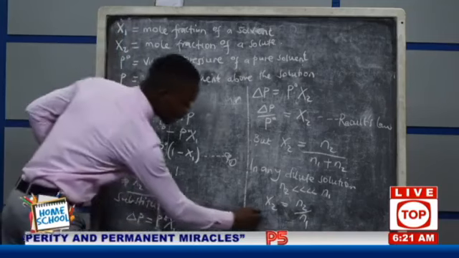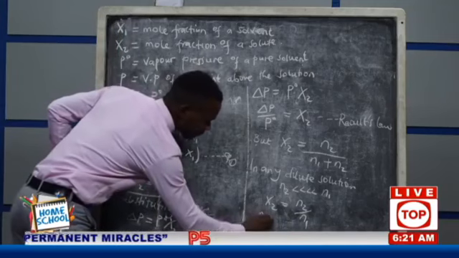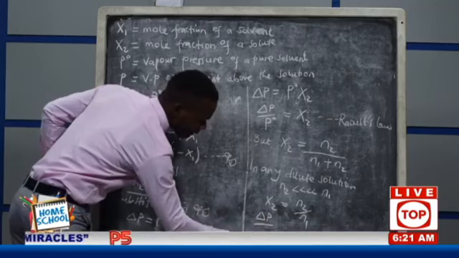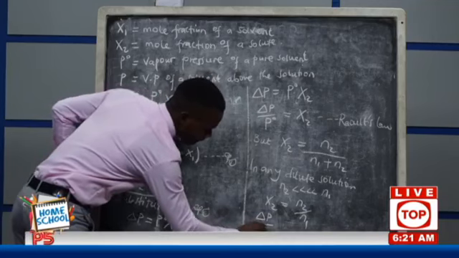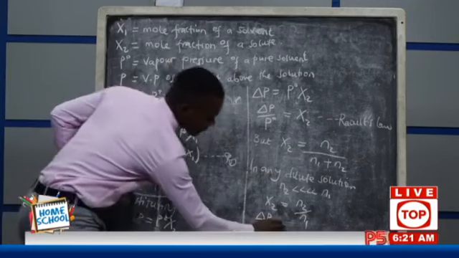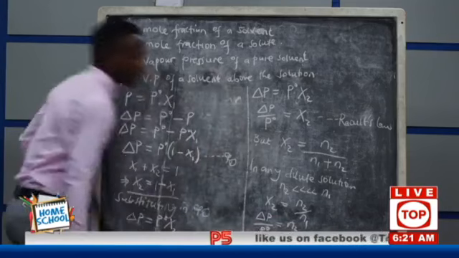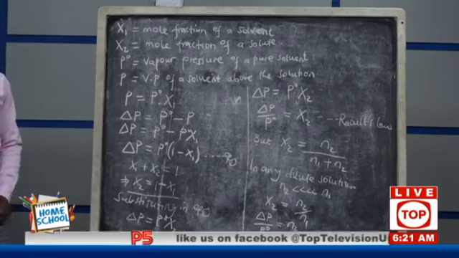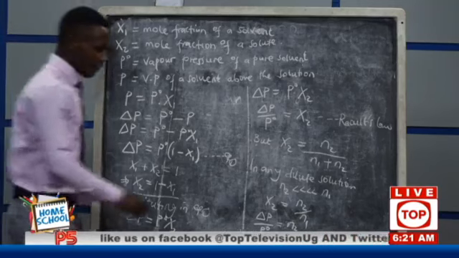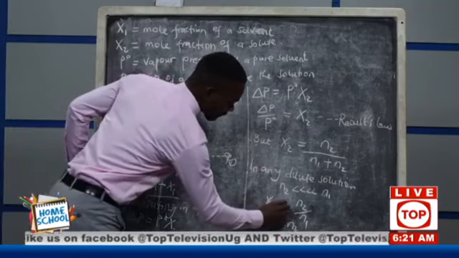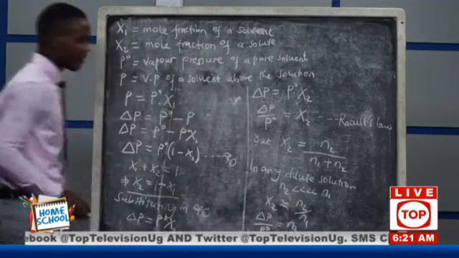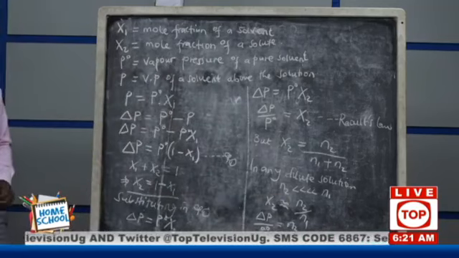We say now change in pressure divided by vapor pressure of the pure solvent will be equal to N2 over N1. Okay? Here we can put the approximation sign. It is approximately equal to that one.